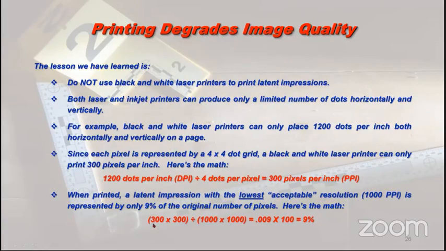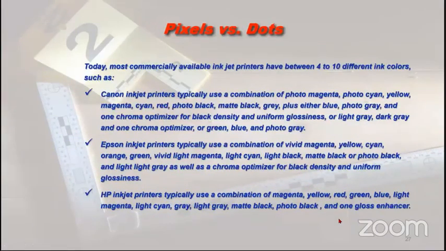So we have a number of different values as to how we can calculate how much detail is lost versus how much detail is actually present when we're printing. So again, please be cautious and careful when considering printing.